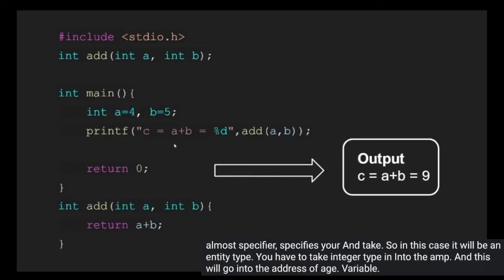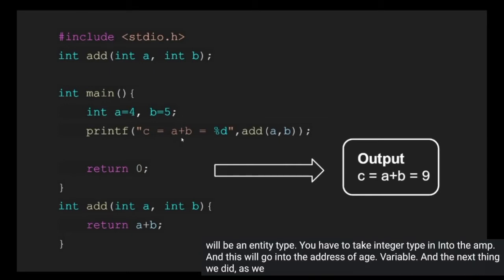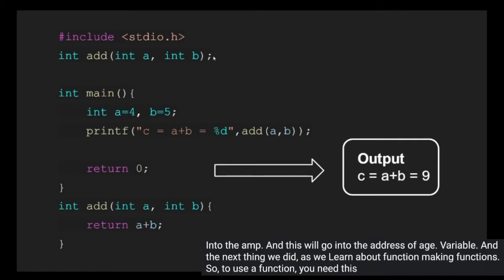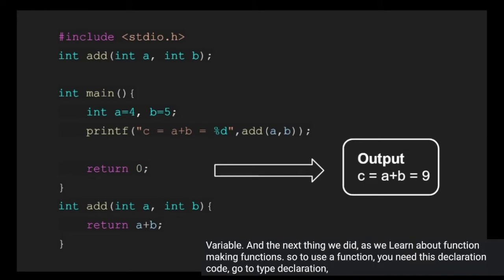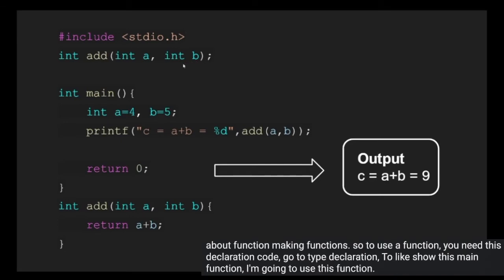And the next thing we did is we learned about making functions. So to use a function, you need this declaration called a prototype declaration to show the main function, I'm going to use this function, so don't forget it.